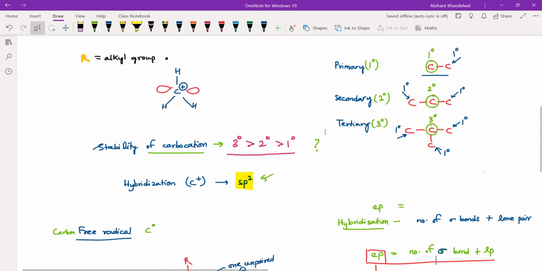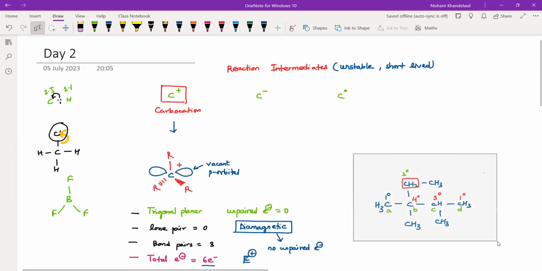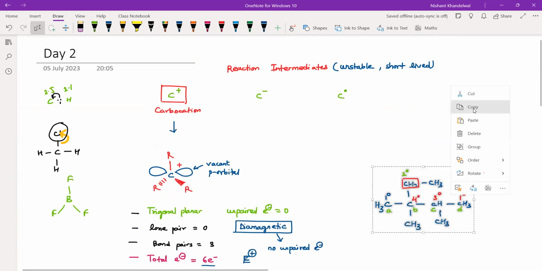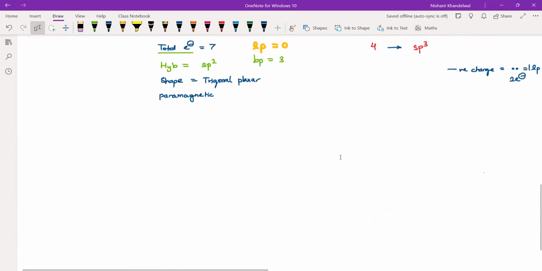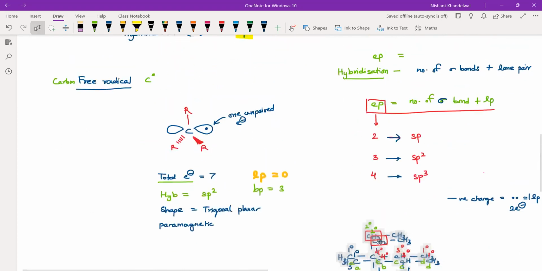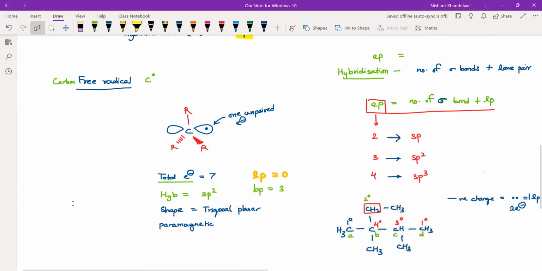So let us take this question, and let me check if you can find out the hybridization of this, because in organic chemistry we have to know the hybridization of each carbon. So we start with carbon A. You can draw this in expanded form, like 3 hydrogens attached to 1 carbon.